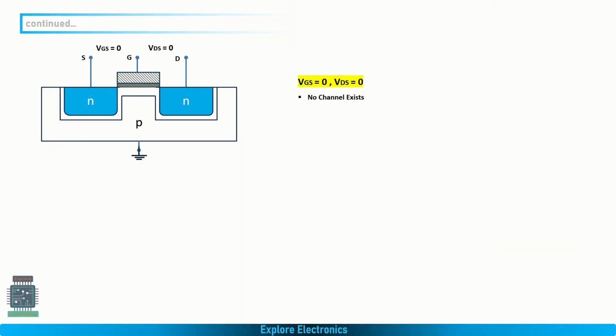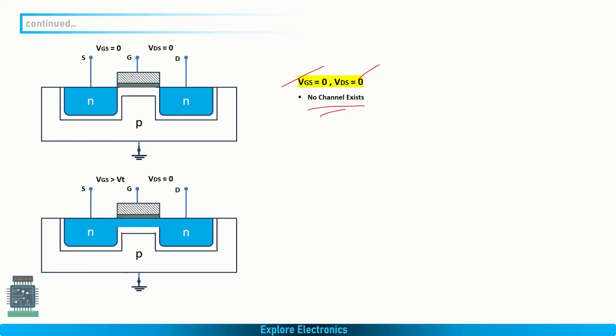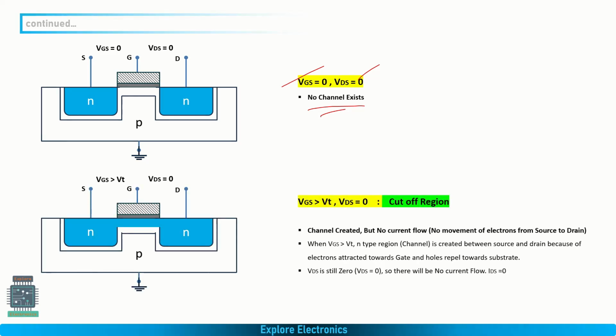So if we clearly understand the working of the nMOS enhancement transistor, when VGS is equal to 0 and VDS is equal to 0, no channel exists. And when we start applying VGS more than VT and assume that VDS is equal to 0, applying only VGS greater than VT is sufficient to create the channel between source and drain, but there is still no current flow between source and drain, right? Why?